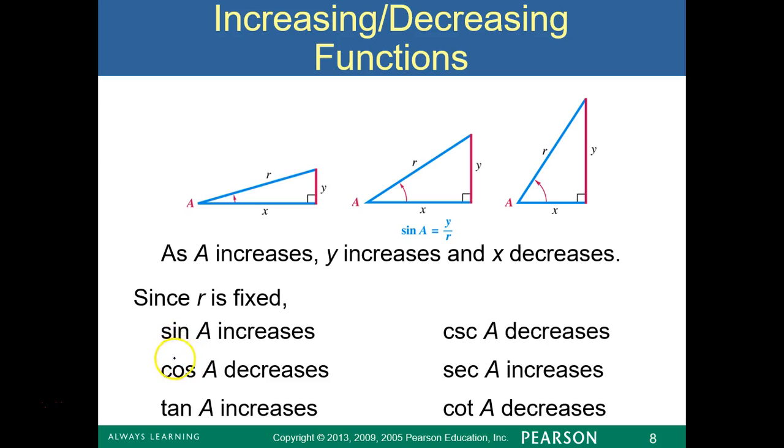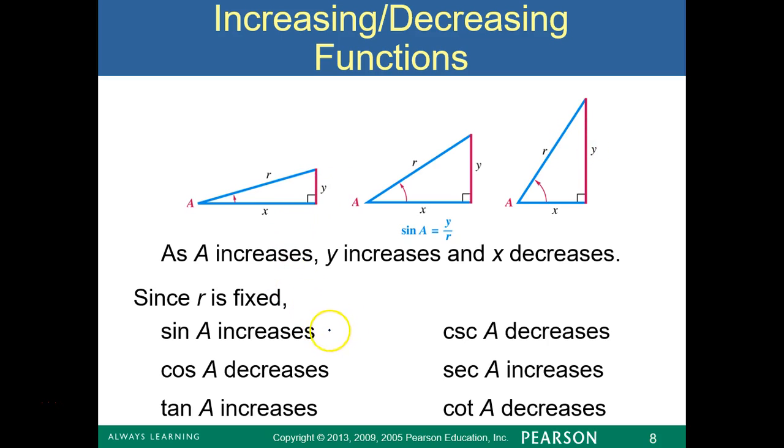So as your A increases, then sine of A, looking at this figure over here, that value is going to increase. And then cosine of A is going to decrease. And then tangent of A, again, your value is going to increase.